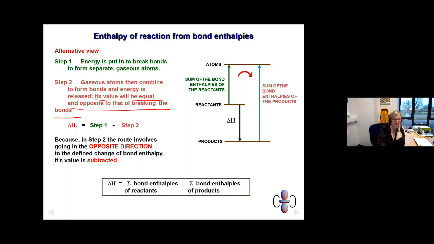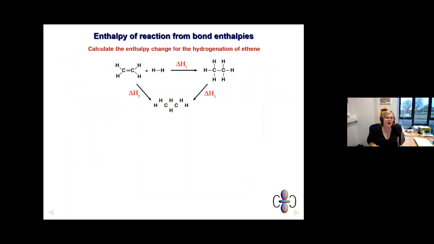So the delta H here is equal to the bond enthalpies of the reactants, take away the bond enthalpies of all the products, okay? But you'd have to account for the negative value of giving out an energy comparable to taking it in.